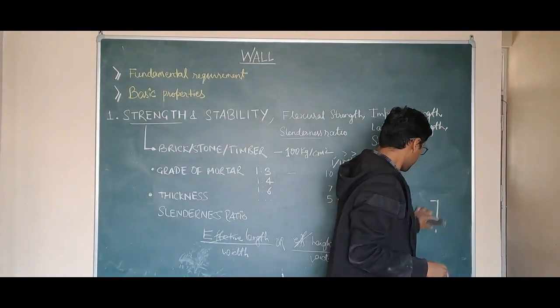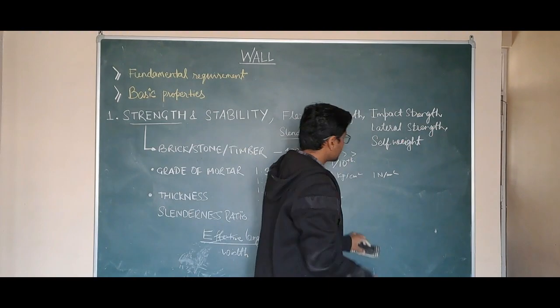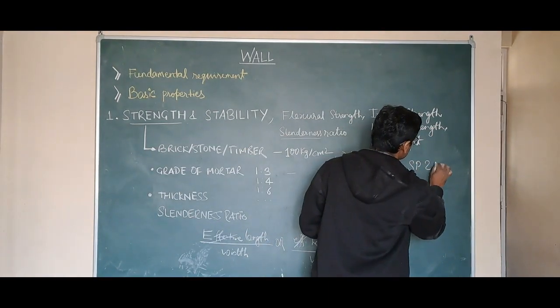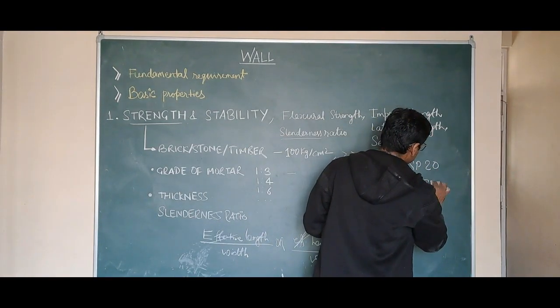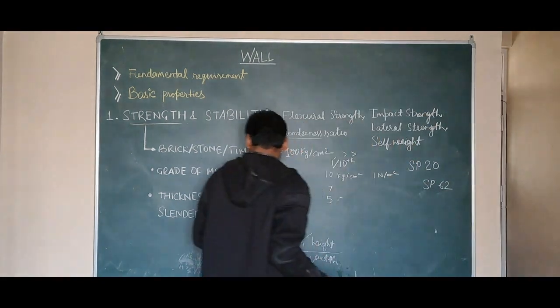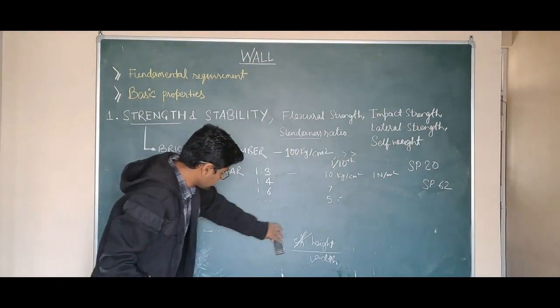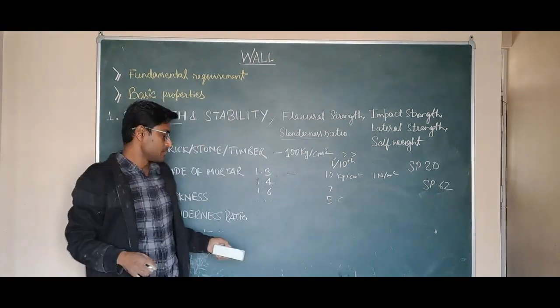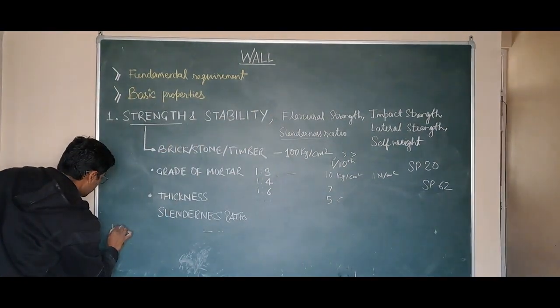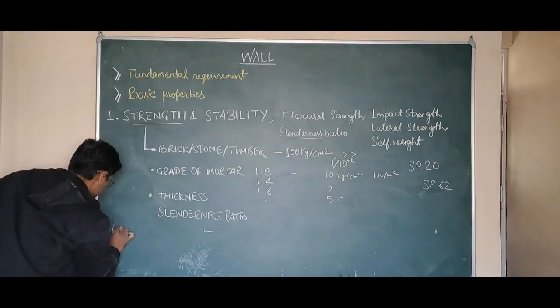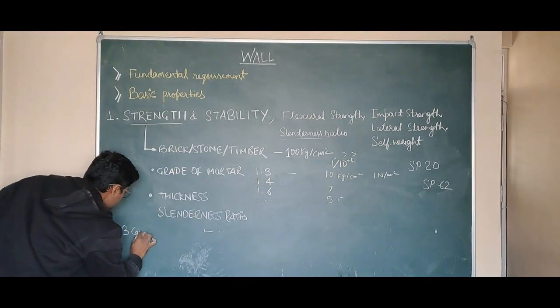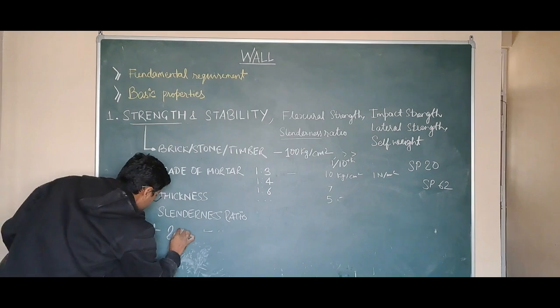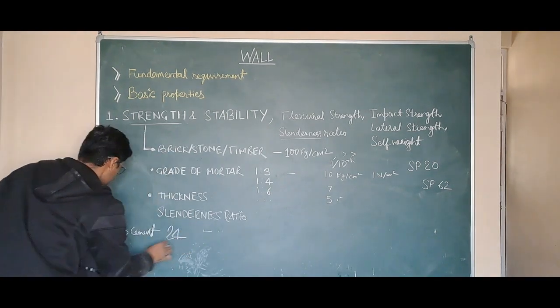So what should be the slenderness ratio? Again, you can find it in SP20. I will suggest you go through SP62 also. So here, suppose we are having the wall with a roof. It will also depend on the grade of mortar. Suppose you are using 1:3 cement, the slenderness ratio could be 24.